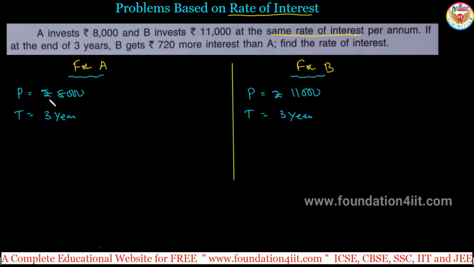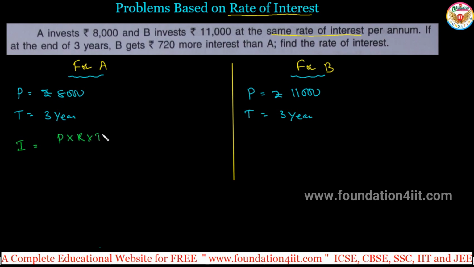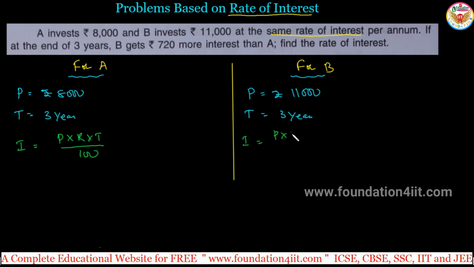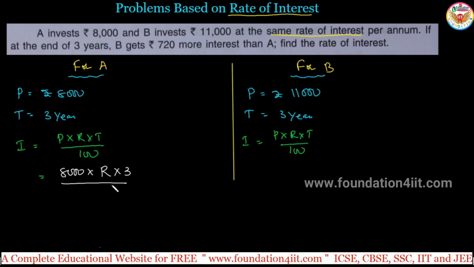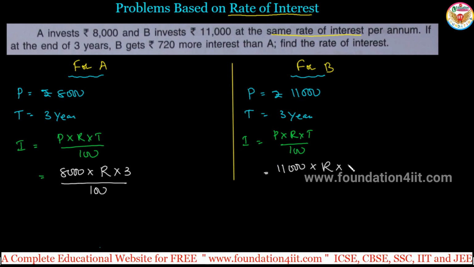So we know the interest formula. I is equal to PRT by 100. Okay, same formula. I is equal to P into R into T by 100. Substitute the values here. P is 8,000 into R, R is the rate, time is 3, by 100. Here it is 11,000, rate of interest is R, time 3, by 100.